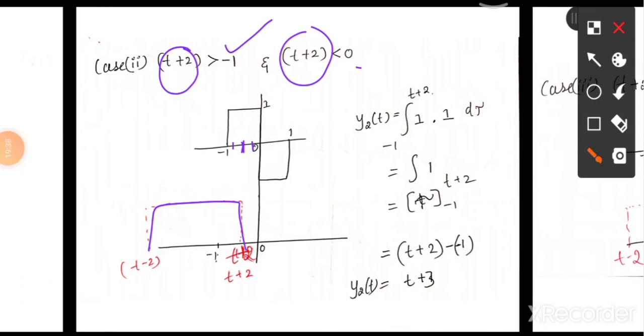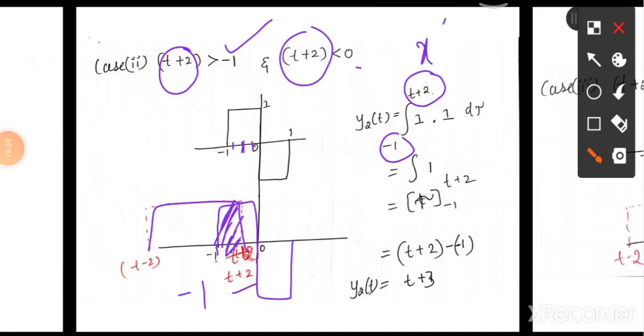See, this much part is only overlapped, that is between the point minus 1 to t plus 2. Okay, so you can write the integral, that is from minus 1 to t plus 2 integration of x of t into h of t. What is the magnitude of x of t signal?